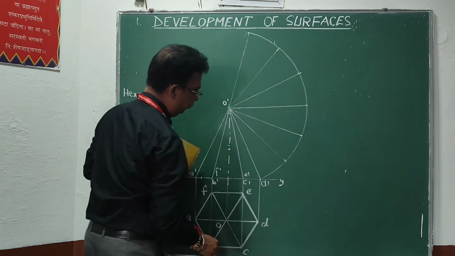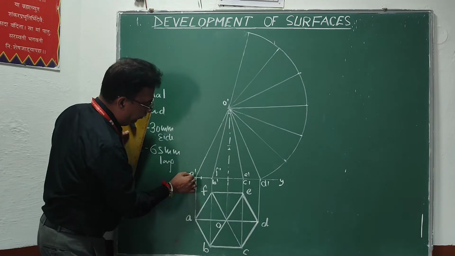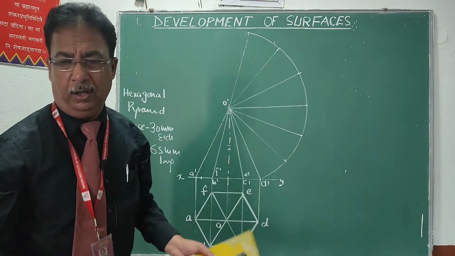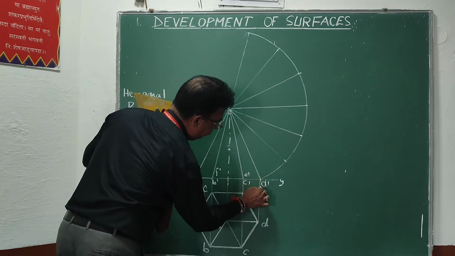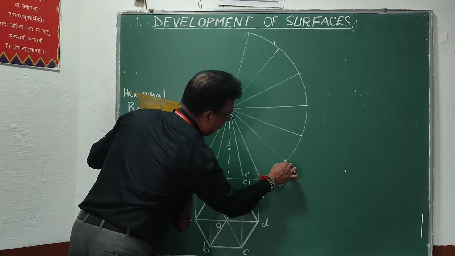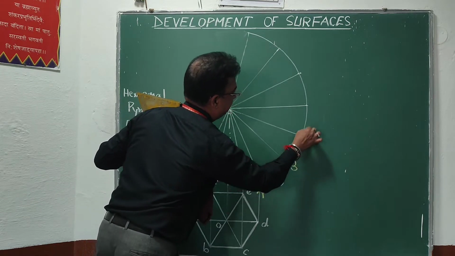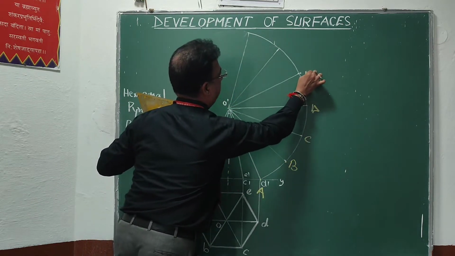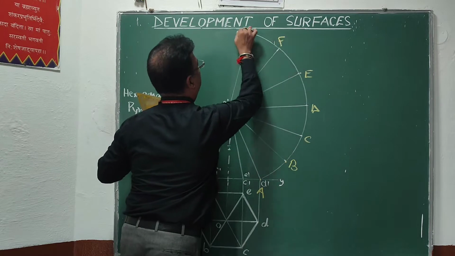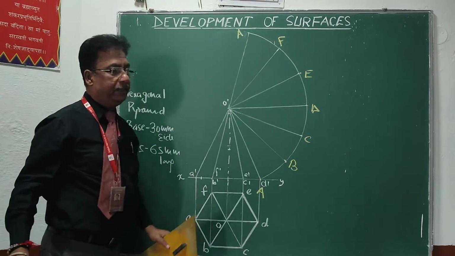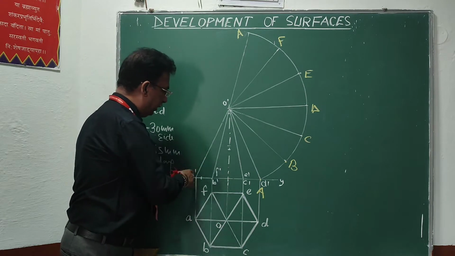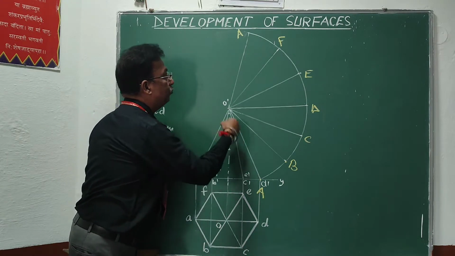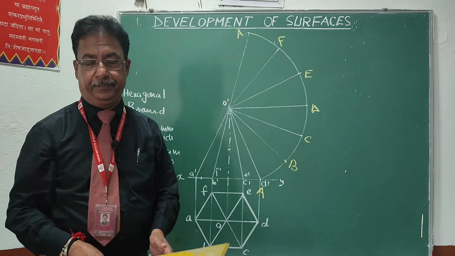Suppose I have started opening from this point, small a dash. The same as I have plotted here, that point will be my capital A, next will be B, C, D, E, F and back to A. As we discussed, we started cutting the paper of the solid from the edge O dash A dash, so this OA is going to repeat.